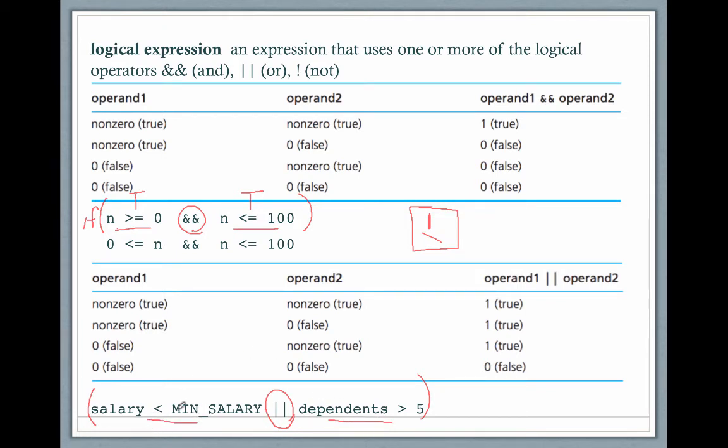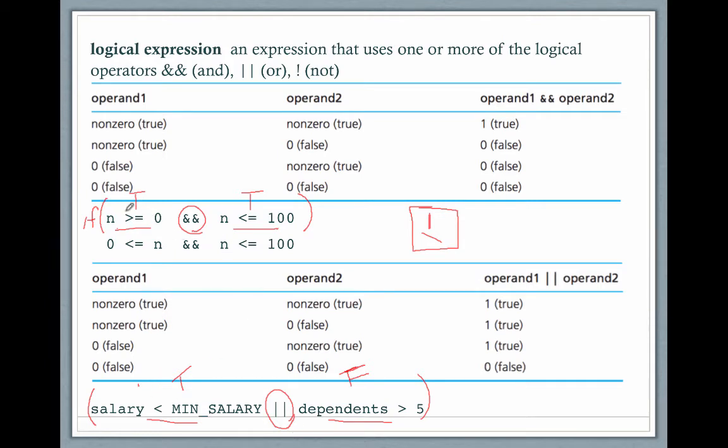In order for the entire expression to be true, either this could be true or this could be true. So they could both be true, or only one of them could be true. If this is true and this is false, this whole expression would still be true. The whole thing would still evaluate to true if one is true and the other is false, or if this is false and this is true. So the only way for this entire expression to evaluate to false would be for both sides to be false.